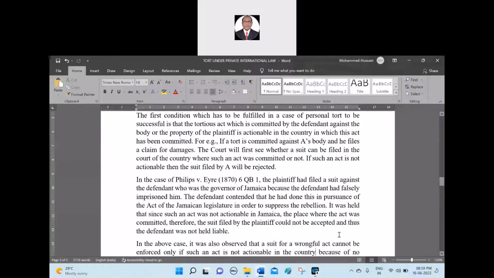The court accepted that what he did was according to the law of the land.